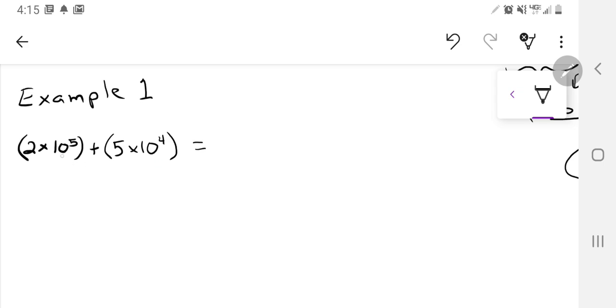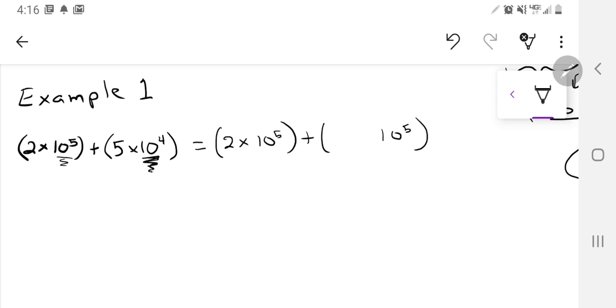So what we're going to do is, first step is make the exponents of the power of 10 match so we have a common factor so we can use distributive property. Let's give it a shot. Okay, so we're going to keep that first one the same, times 10 to the 5th. We're going to adjust this 10 to the 4th to be 10 to the 5th.